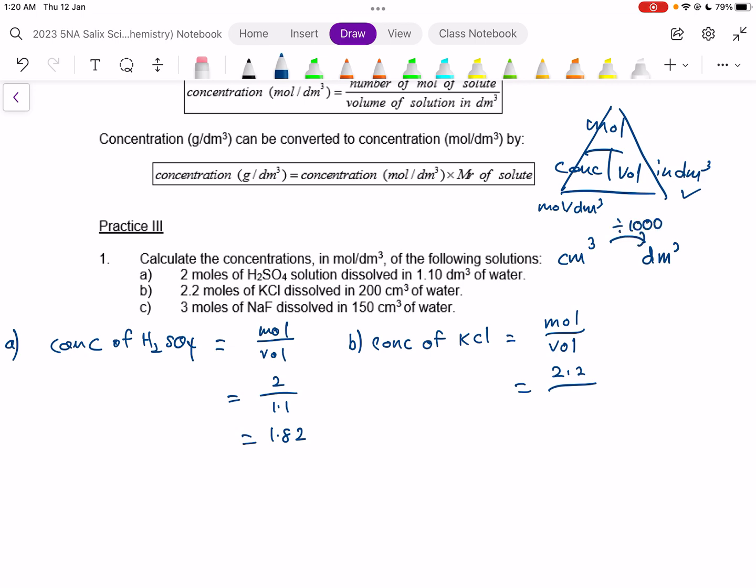This conversion is very common because a lot of volumes in chemistry are measured in centimeter cube. dm cube is very big. It's 1 liter. Usually we don't do reactions that involve 1 liter, unless you tell me you're a drug dealer.